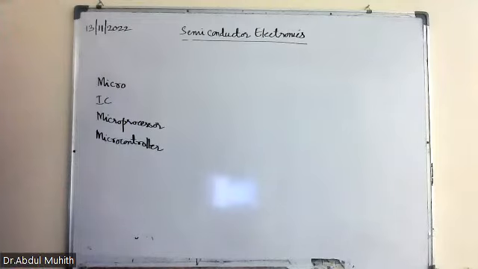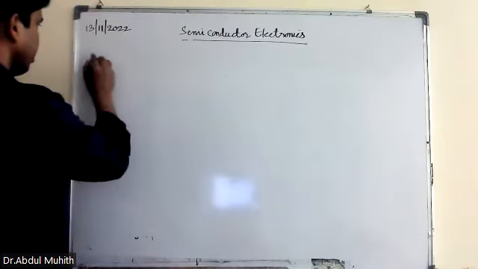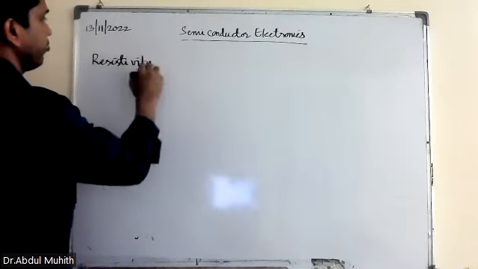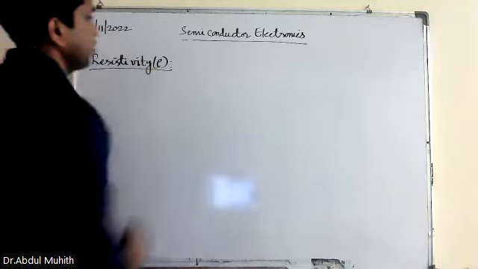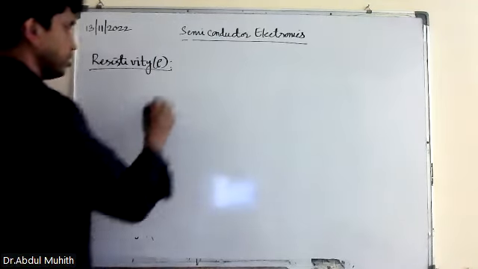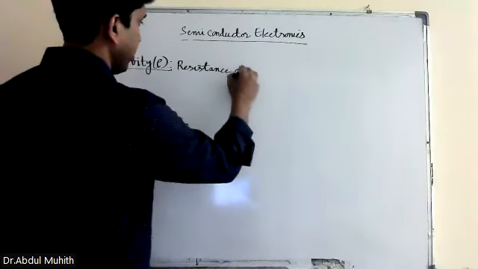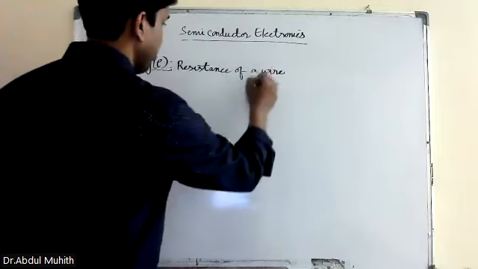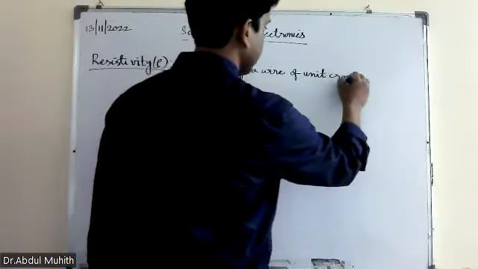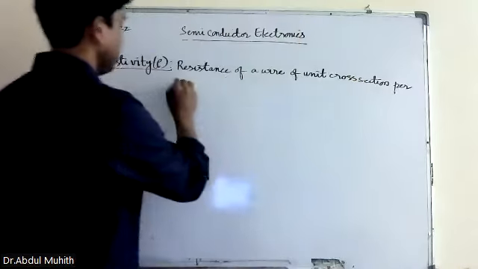Now here, we'll start with core electrons. Before that, resistivity. What is resistivity? It is the resistance of a wire of unit cross section per unit length.